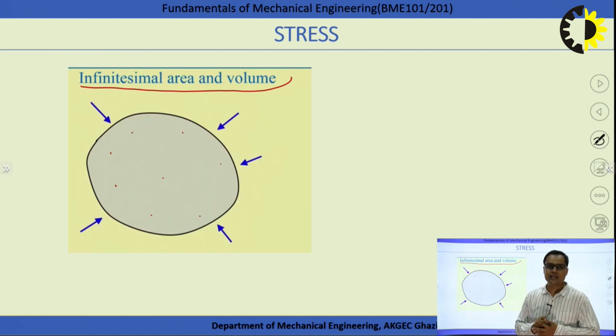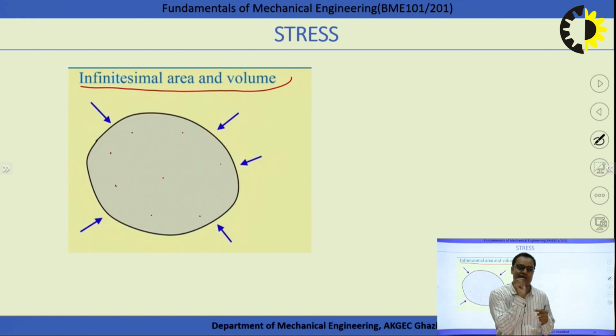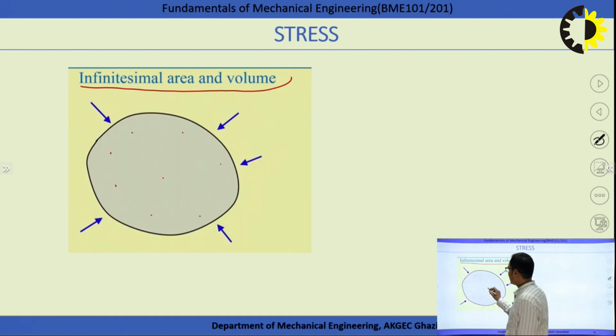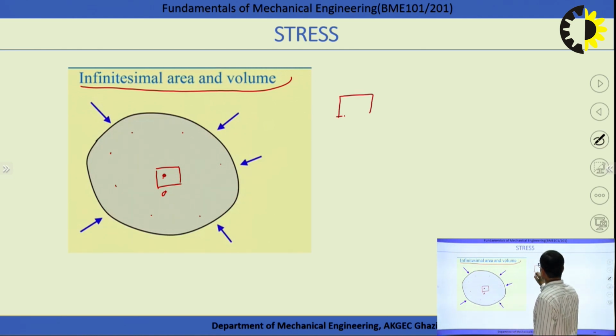But we have decided stress is load by area, while we are restricting to a point. So how can we explain stress at a point, because a point does not have any dimension? If a point has no dimension, how can we say it is load by area? Suppose this is the point, and I idealize it as a very infinitely small area, with sides dx and dy, so dA is equal to dx into dy.